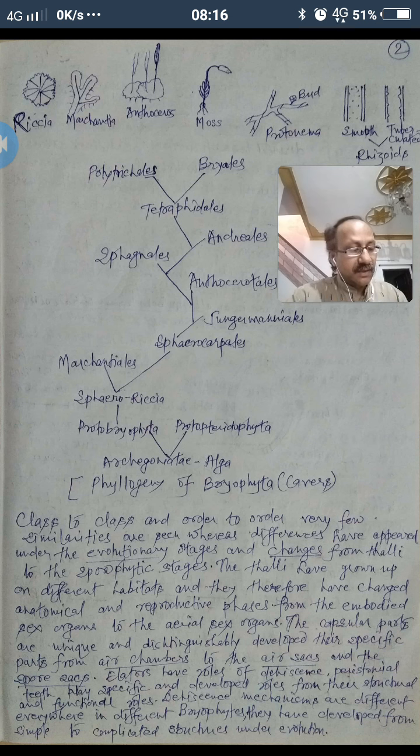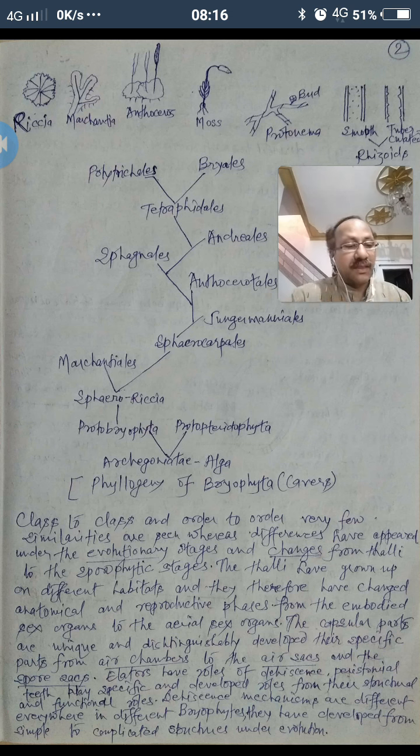Dehiscence mechanism is unique in all Bryophytes. Dehiscence mechanisms are different everywhere in all Bryophytes, and they have changed from time to time under all orders. In different Bryophytes, they have developed from simple to complicated structures under evolution.